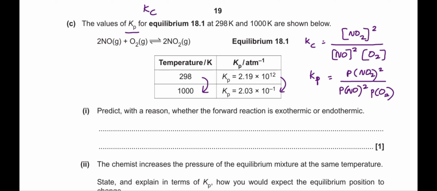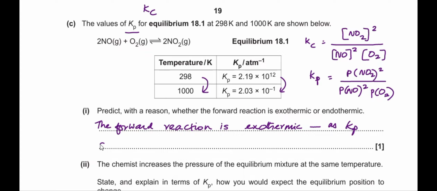Therefore, the forward reaction is exothermic, and we also should state the reason for our conclusion: Kp decreases as temperature increases.